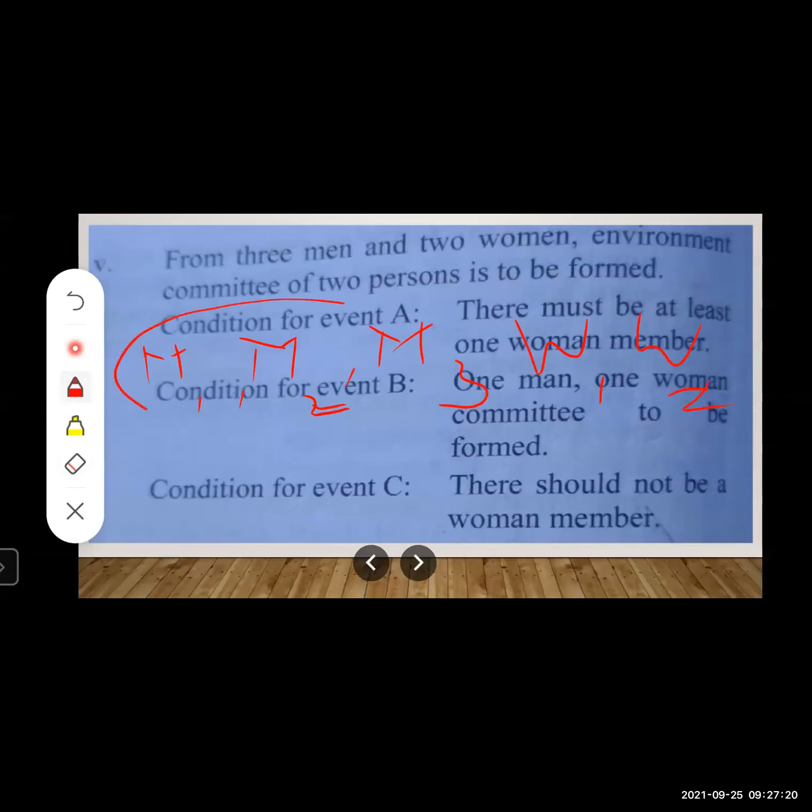So from these two groups, first of all, we need to form all possible outcomes, and that we are going to write in the sample space, right? So how will these pairs form? First of all, we will choose M1, it will form a pair with M2, then with M3, right? Then we'll take M2, it will form a pair with M1, M3, like that.